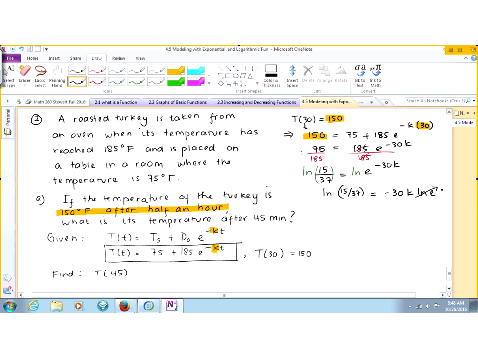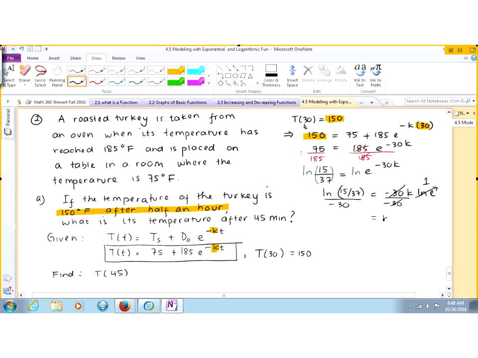Even if I wake you up when you sleep and ask you, what is ln e? It's 1, right? You'll know exactly. And then divide both sides by negative 30.